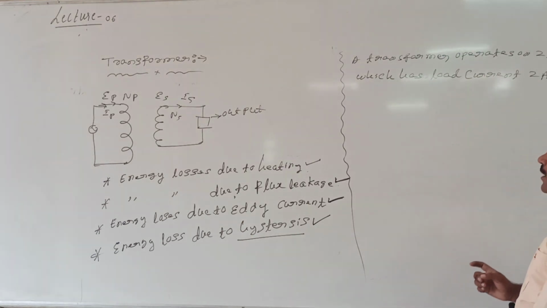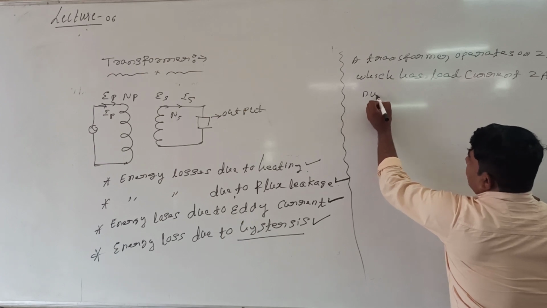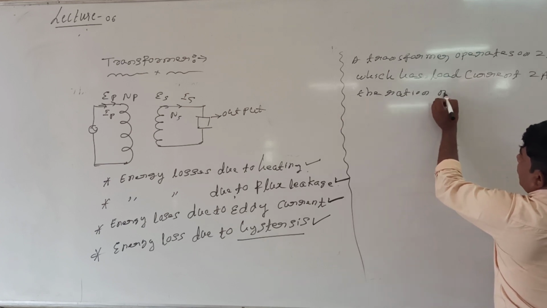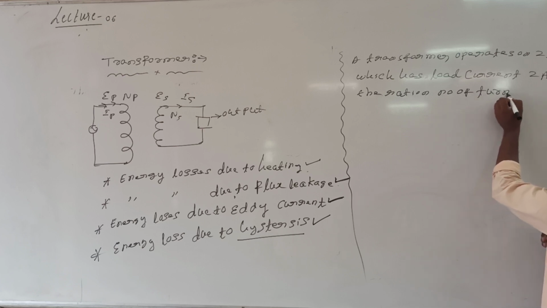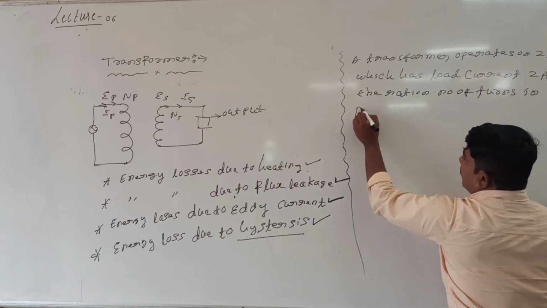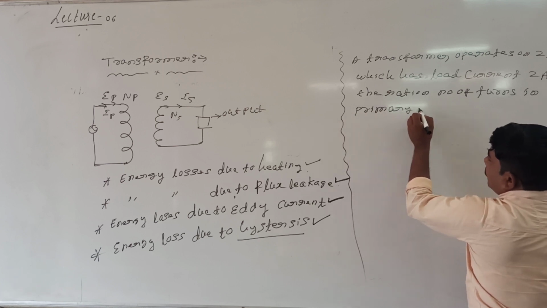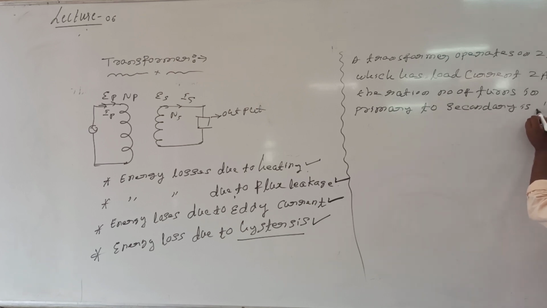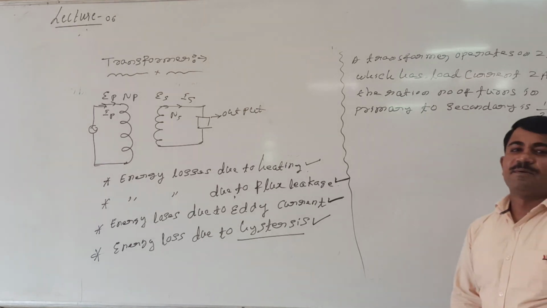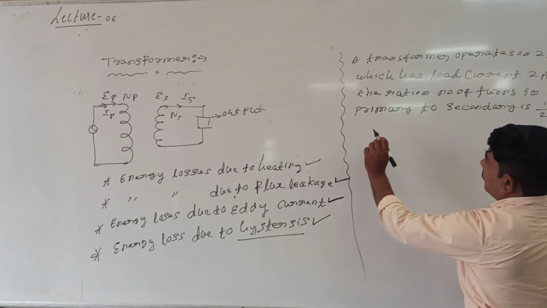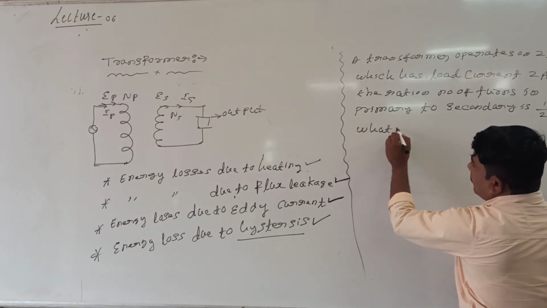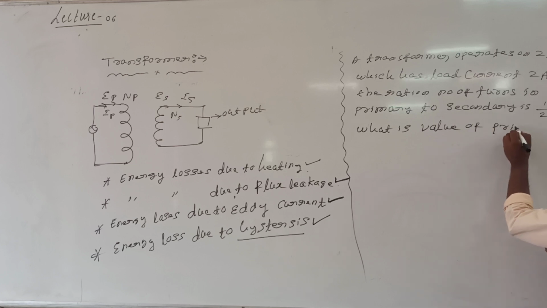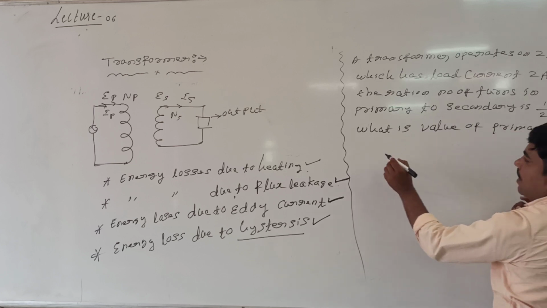The ratio of number of turns in primary to secondary is 1 divided by 25. What is the value of primary current?